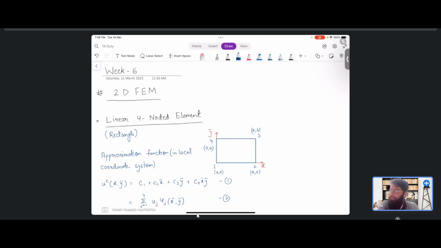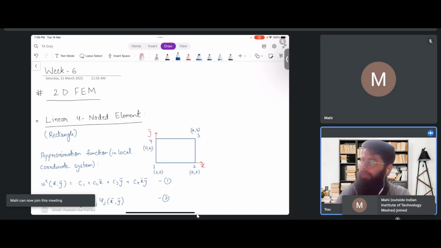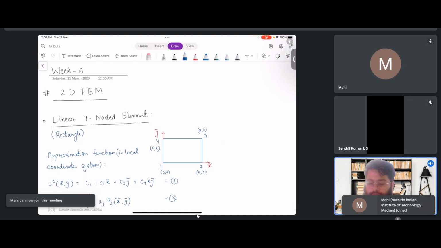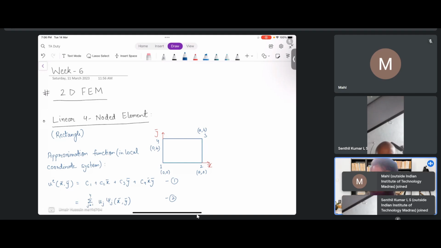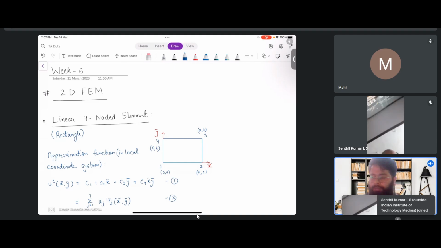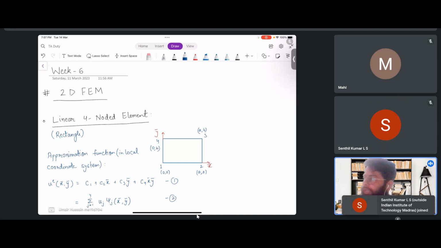With that, we started with the introduction of FEM problems in two dimensions. We started with the basic formulation of 2D problems, and then we moved on to defining and understanding the basic steps involved in the 2D FEM.